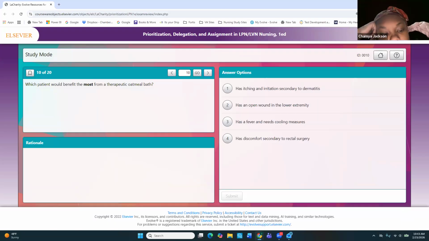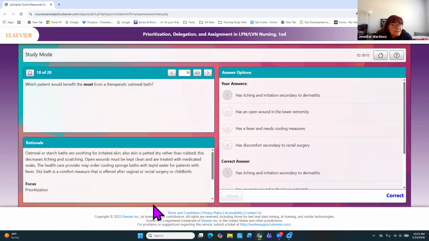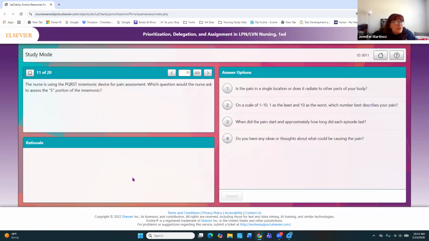One. Yes. Oatmeal or starch baths are soothing for irritated skin. Also, skin is patted dry rather than rubbed. This decreases itching and scratching. Good job.